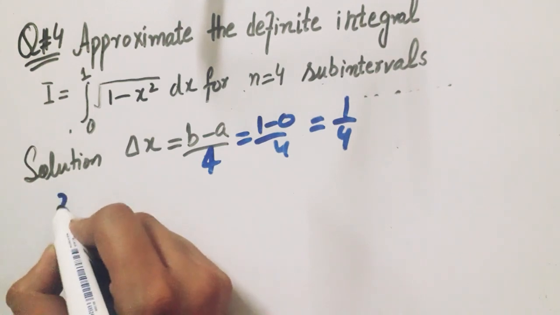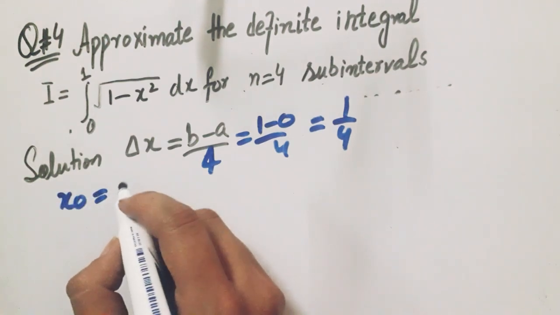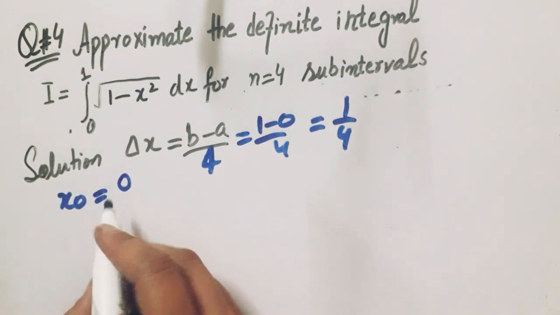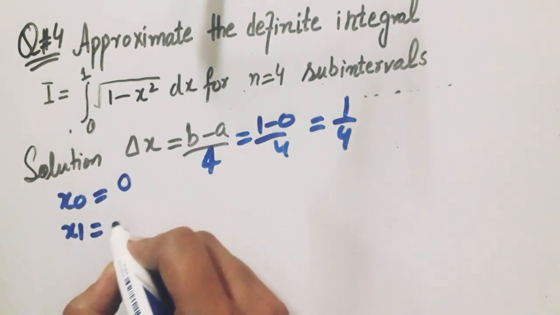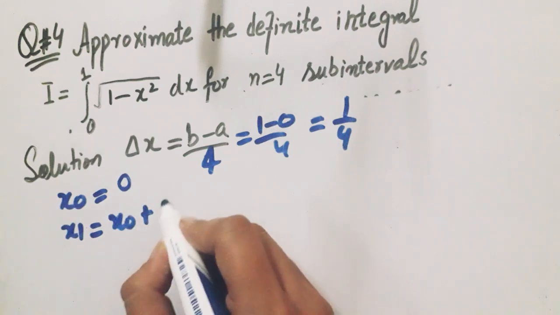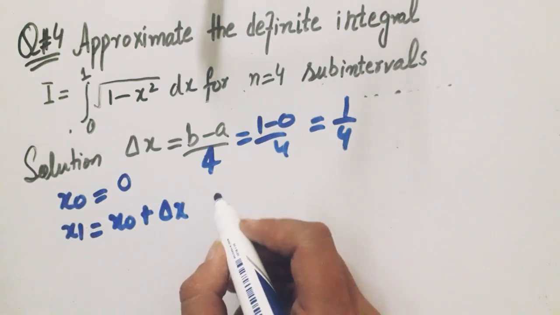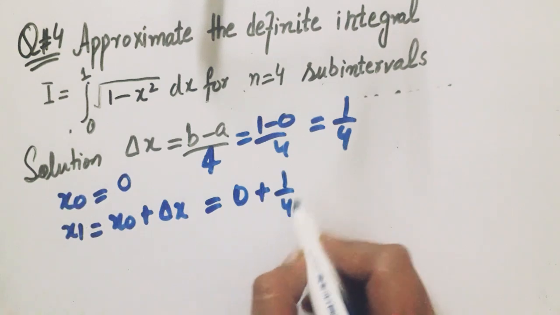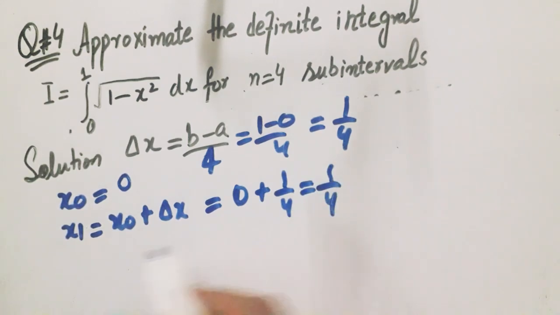So x naught is equal to 0. Now x1 will be equal to x naught plus del of x. So x naught was 0, so 0 plus 1 by 4, which is equal to 1 by 4.